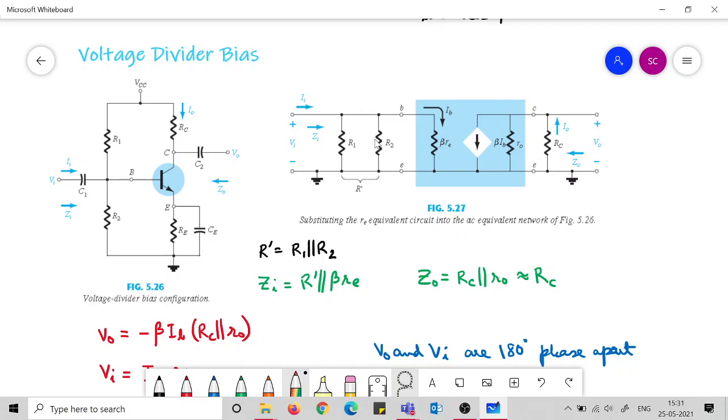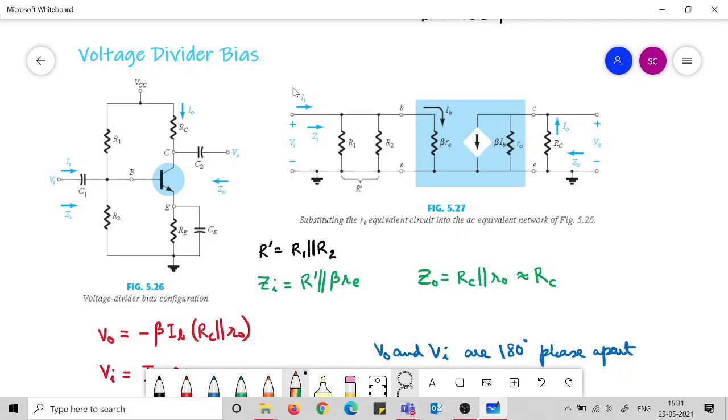So along with this R1 R2 there is a beta RE, and through beta RE only the IB is flowing. Please note this, that IB is flowing only through beta RE. Beyond this there are two resistances R2 and R1 in parallel, and beyond this the IE is here. So these are the only things you have to be very careful about, where are the different currents.